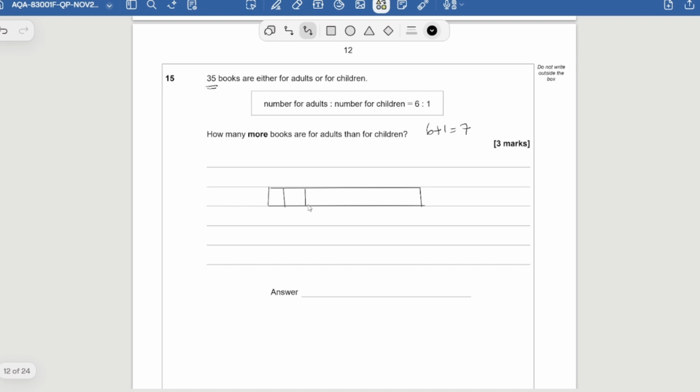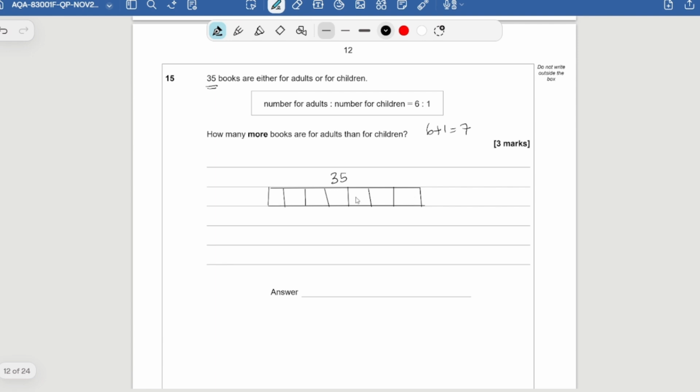So 1, 2, 3, 4, 5, 6, 7. It might not look exactly the same size, but this is just for the sake of understanding. I've drawn it. So this number 35 has to be divided equally among these boxes.